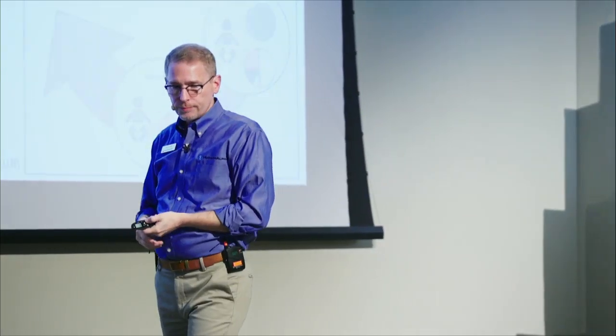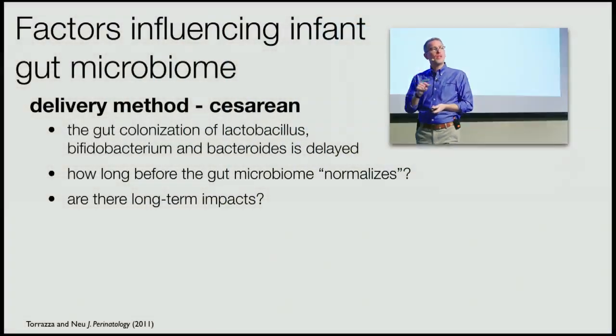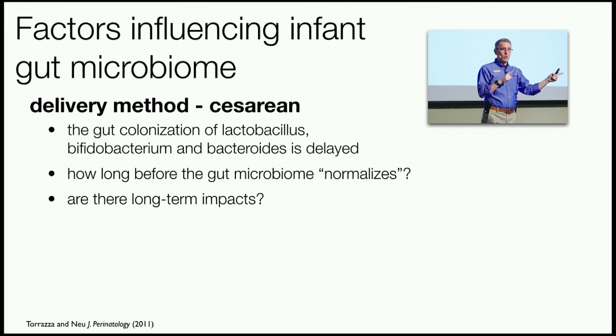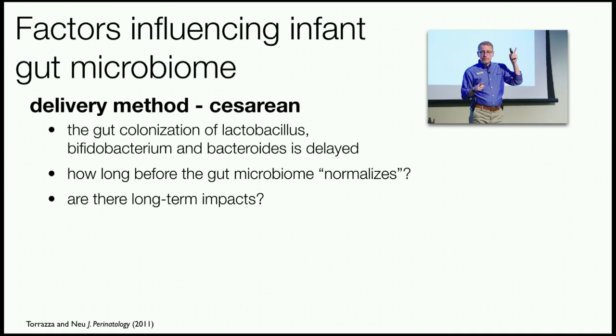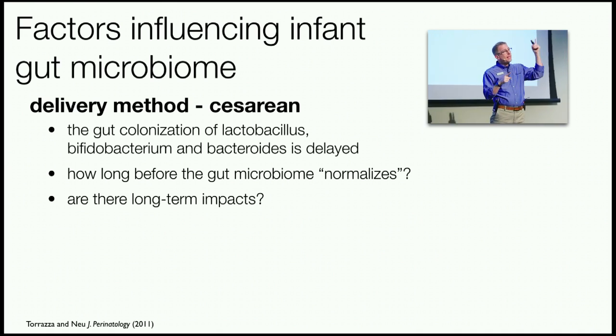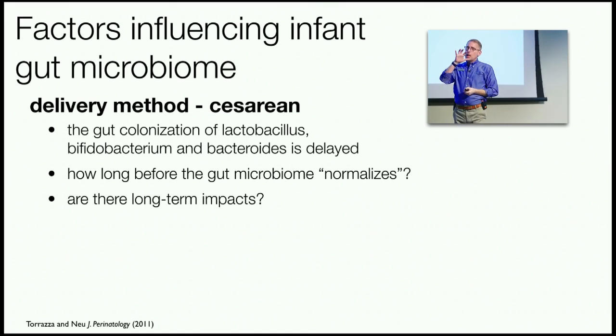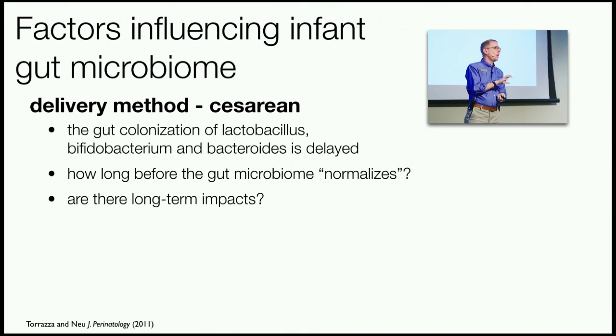Now, if you're born by cesarean section, again, it also comes back to, was it labored or unlabored? Did you have any engagement in the vaginal tract or none at all? If you had no engagement, if you were completely cesarean and the waters never broke, the gut is colonized by a different set of bacteria.